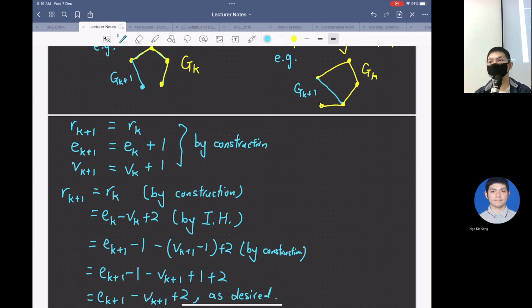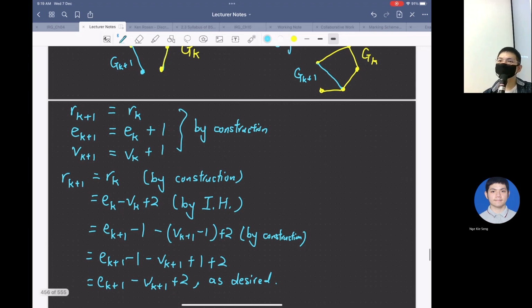So the formula holds. Agree? Any question?